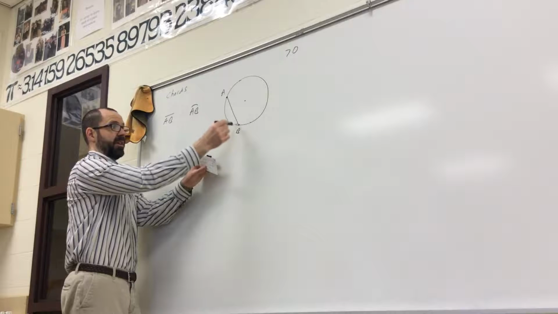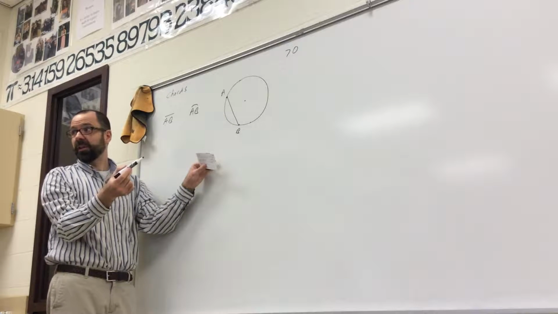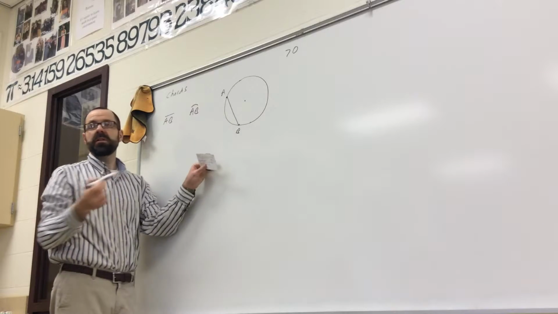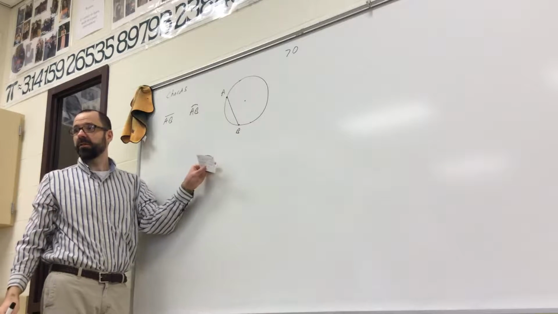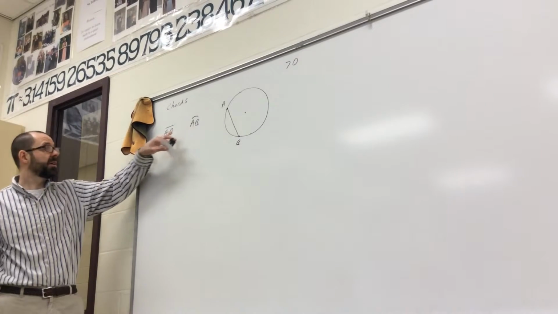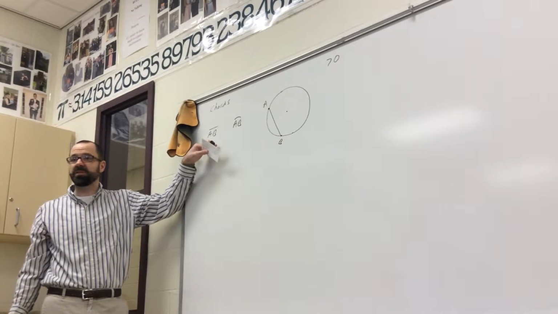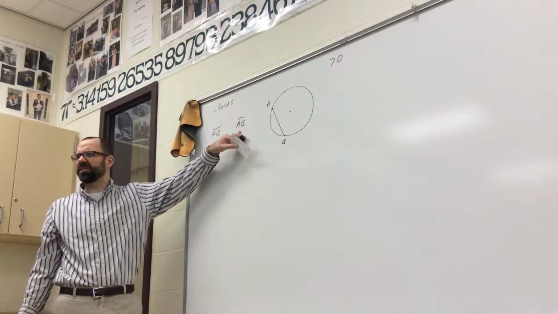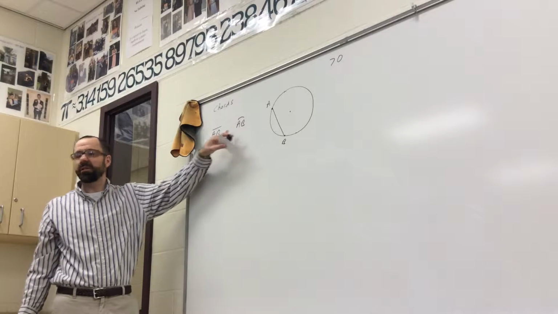You could go straight there, and then that would make a line segment. Or you could go along the curve, and then that would make an arc. So this is the curved path, which is called the arc. And this is the straight line path, which is called the chord. And obviously this path is just a little bit longer than this path.